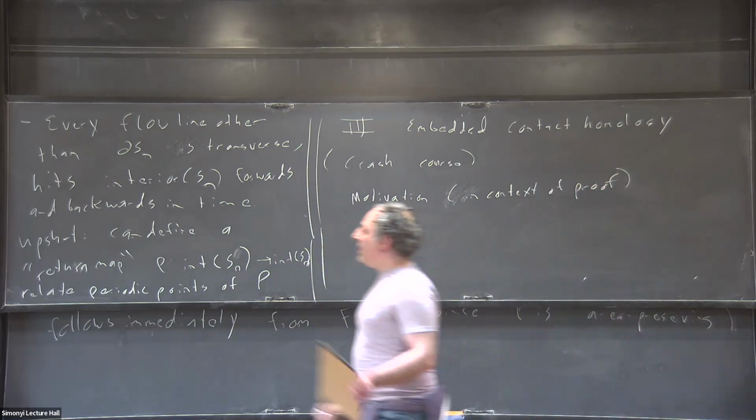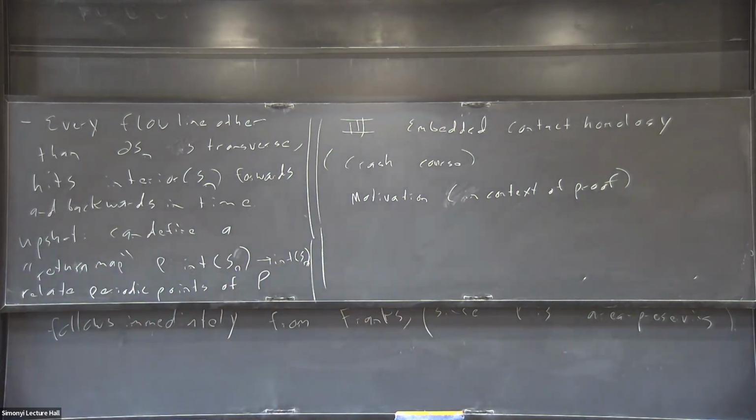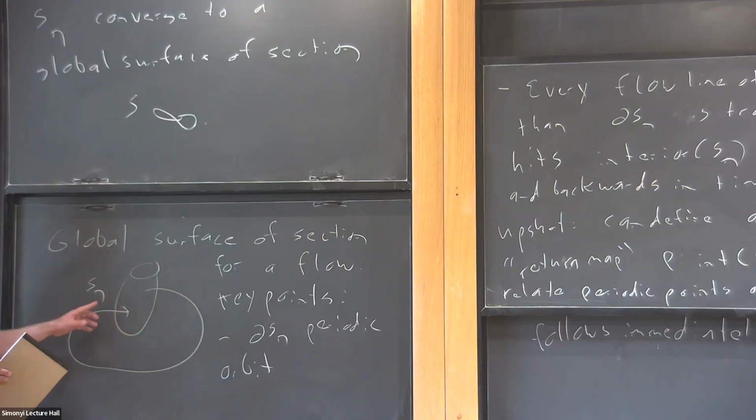Okay, so remember, I said that in the argument we want to take some kind of limit of these global surfaces of section. And if you think about that, that actually sounds like a pretty hard thing to control. Because, for example, the flow lines are tangent to S_n, but they could be getting less and less tangent to S_n, and then when I take the limit, maybe they're not tangent to S_n anymore. There are other things that could happen.